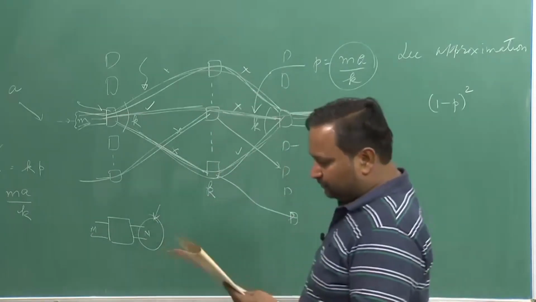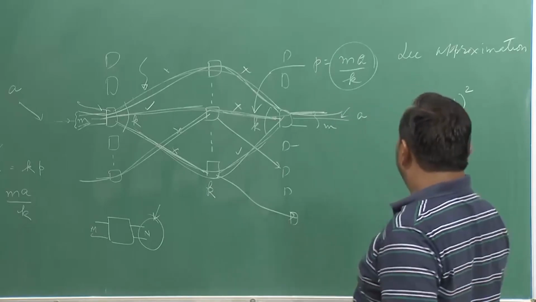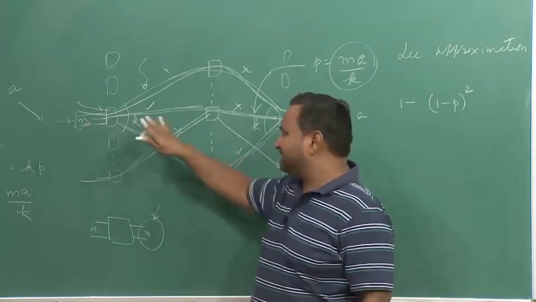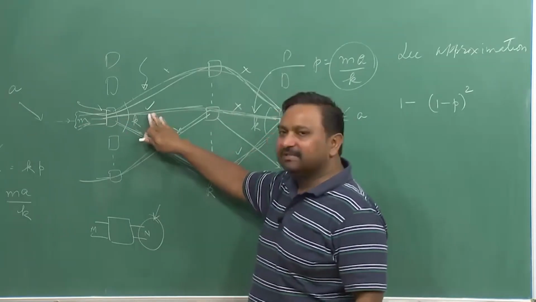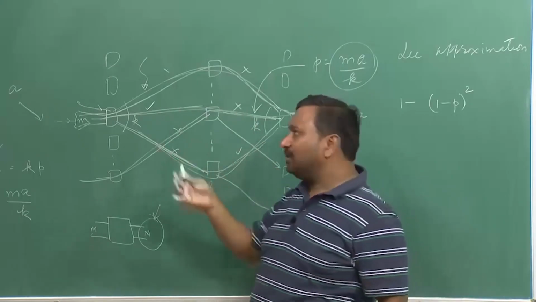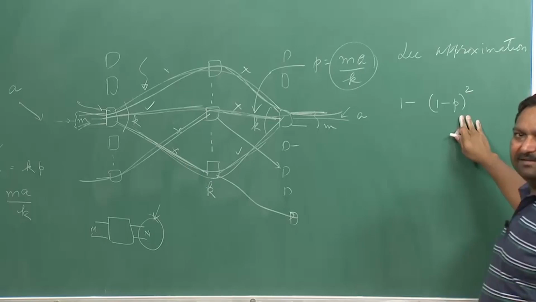Okay. So, 1 minus this means the path is going to be occupied. This essentially can happen because this is busy or both of these links are busy. So, all three cases are being taken here.